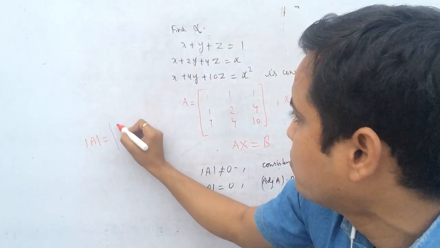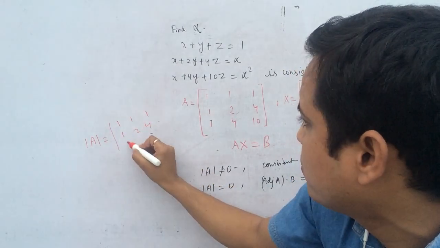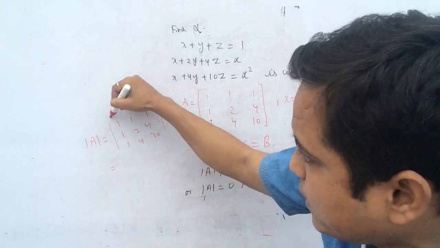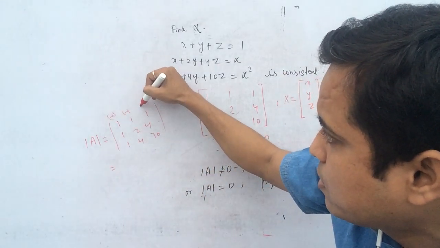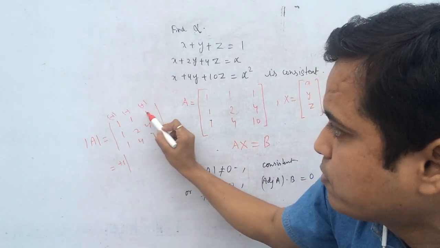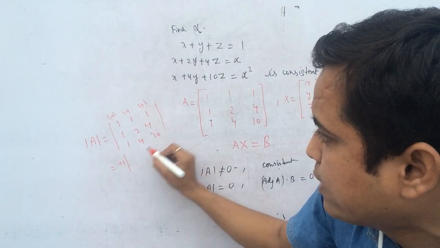Determinant of A: 1 1 1, 1 2 4, 1 4 10. So first we write plus, minus, plus. First write plus 1, remove this row and this column. What do you get? 2 4 4 10.